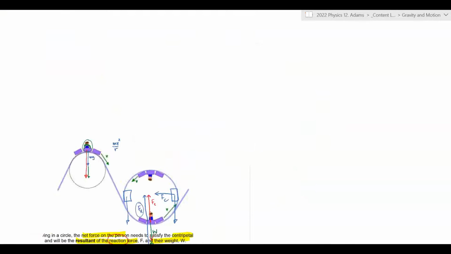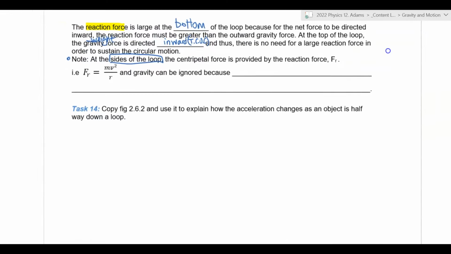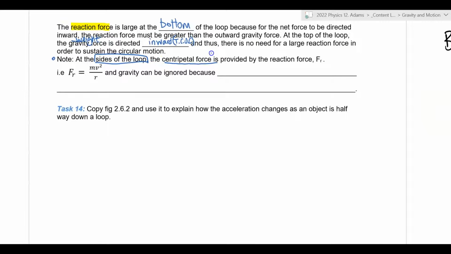Okay? So at the sides of the loop, the centripetal force is provided by the reaction force. Gravity can be ignored because weight is perpendicular to your centripetal force. So there's no component of gravity acting inwards towards the center of your circle. It's not providing a centripetal force.